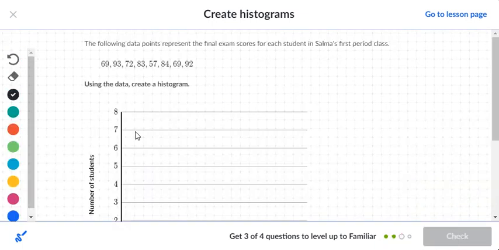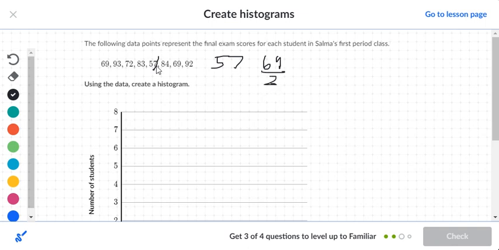Okay, next question. The following data points represent the final exam score for each student in Selma's first period class. So the smallest data here is 57. From 57, looks like the next smallest one is 69.